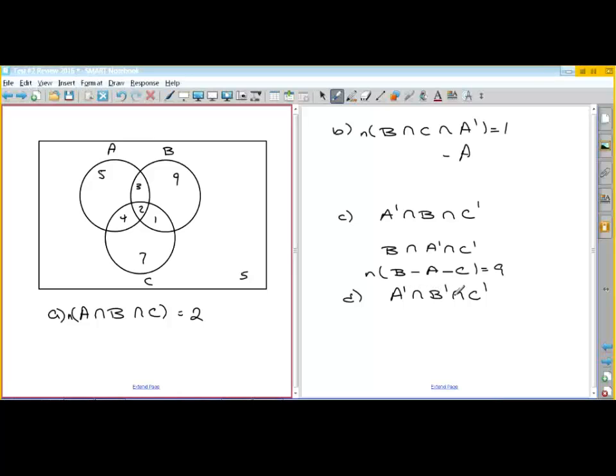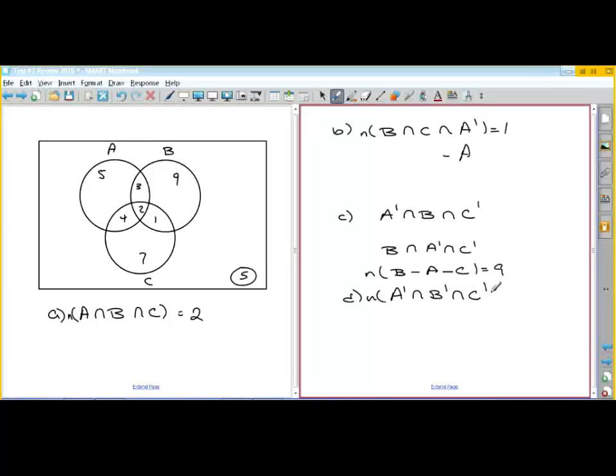So when you have complement A intersect complement B intersect complement C, it's this number right there. So the number of elements in the intersection of the complements is 5. So it'll be one of those 4. If you understand all those, you'll be in good shape.